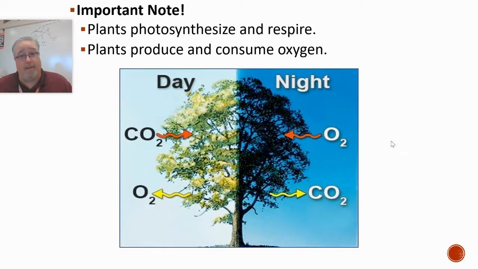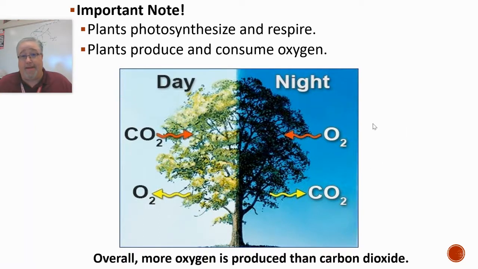That's important to remember. Now the thing is, these two processes really aren't in balance. The daytime process, photosynthesis, is the more dominant process of the two, compared to the nighttime process where they're photosynthesizing more, or correction, where they're respirating more.